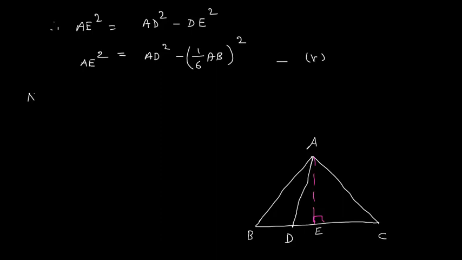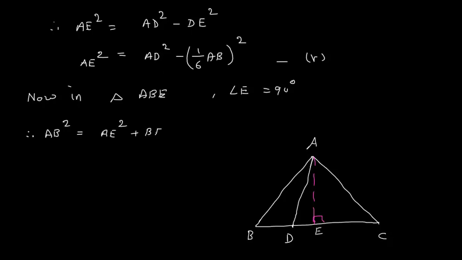Now in triangle ABE, angle E is 90 degrees. Therefore, AB square is equal to AE square plus BE square.